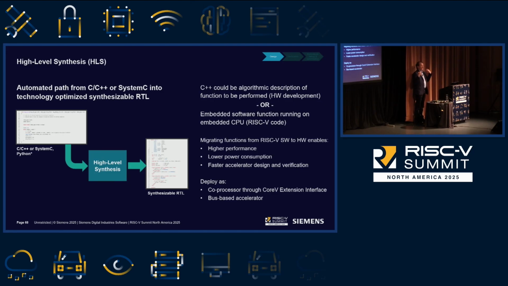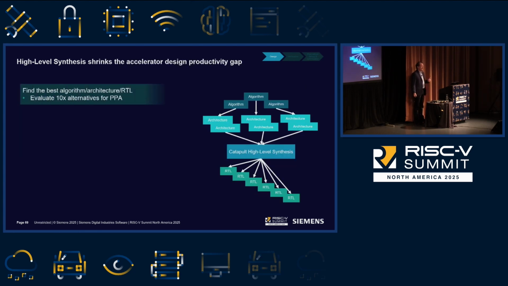It could be an embedded software function running on an embedded CPU, such as a RISC-V core, for instance. And this could be deployed as a coprocessor or a bus-based accelerator as part of a bigger system. Again, the main motivation is to make it easier to develop things like an accelerator, and also to address some of the otherwise disadvantages of going that route.